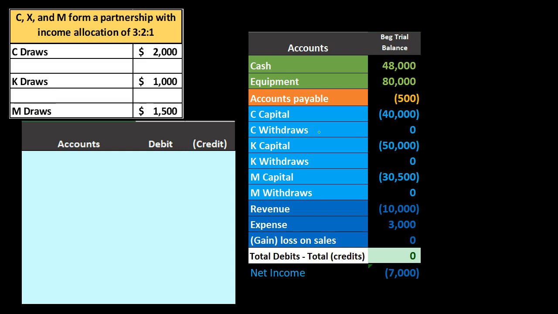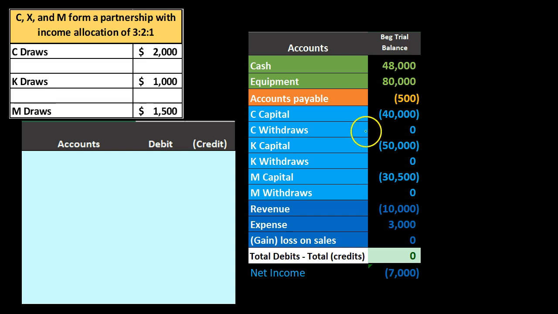The capital accounts look a little more intimidating for a partnership simply because we have more of them. We have 3 partners rather than 1. For a corporation, we're going to have just retained earnings, and then the draws type thing will be dividends, which will be all even for a corporation, whereas they can be different for a partnership.